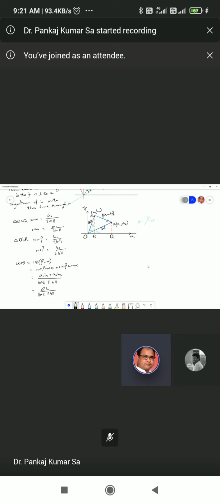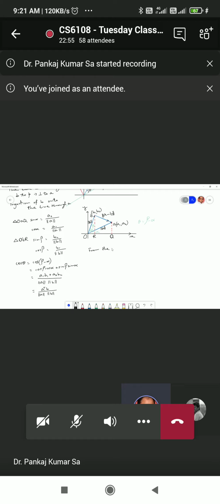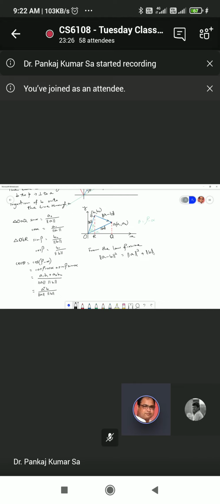And the same thing can also be obtained from the law of cosines. This is what you can also obtain. The length squared of A minus B is equal to A square plus B square minus 2 A B cos theta.